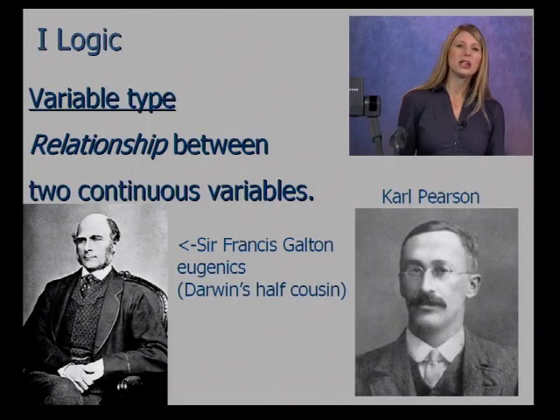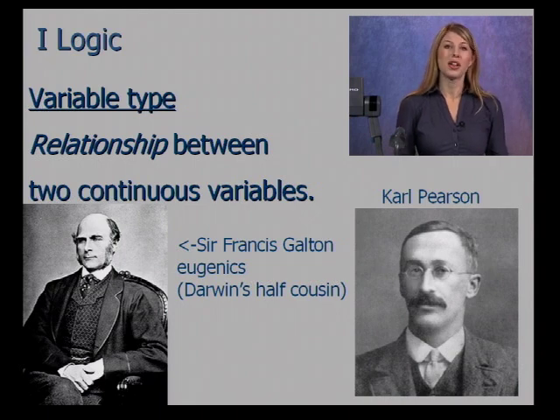Now, Karl Pearson lived in London, and he was the person who figured out all of the formulas. That's why many times we call the test statistic for correlation Pearson's R, because Pearson was the one who worked through all of these formulas. But he actually gave the credit to Sir Francis Galton. He was working for Galton at the time, and Galton was doing research on eugenics, and does he remind you of anyone?